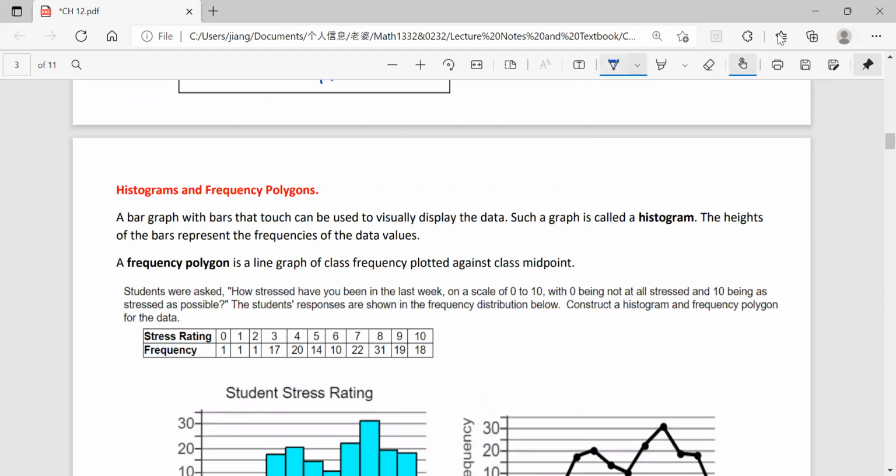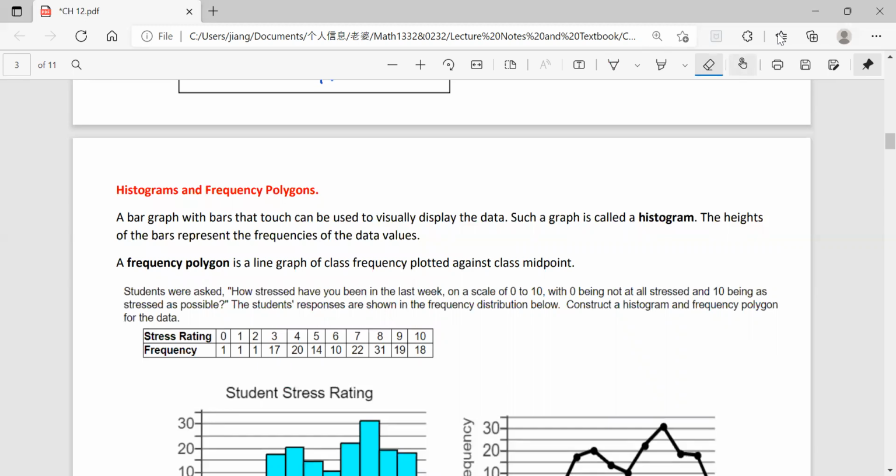We can use the frequency table we have learned, but we can also convert the table to a histogram, the bar graph. From a bar graph, you can see and analyze the data more easily.